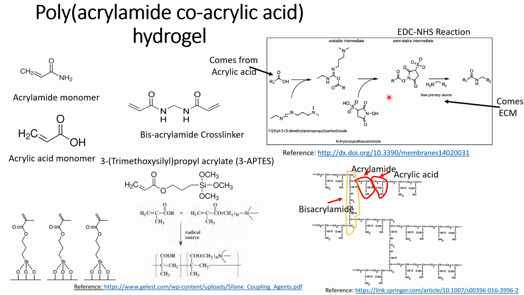In order to keep it at low pH, people usually use these EDC NHS reactions in MES buffer at around pH 4.5. But most extracellular matrix proteins are not stable in this MES buffer at low pH, so the binding of ECM to this semi-stable intermediate usually occurs at neutral pH, and this intermediate is not stable at neutral pH.